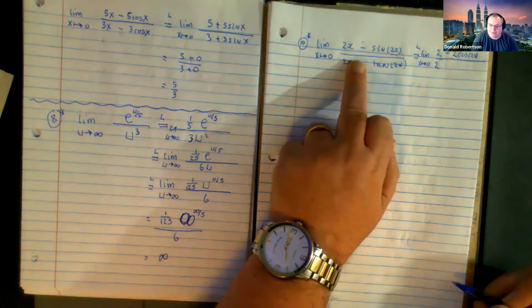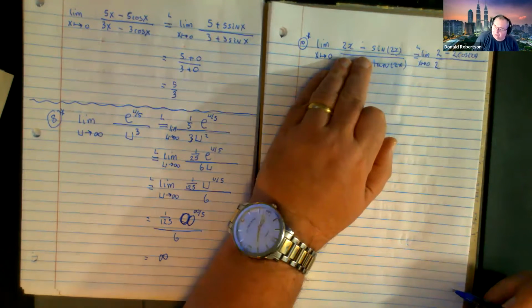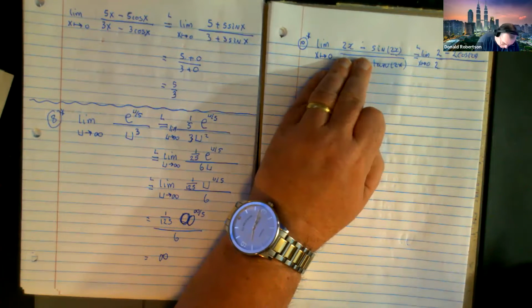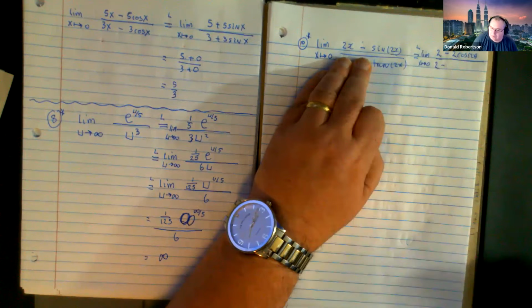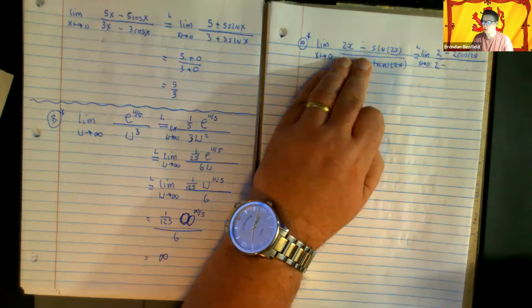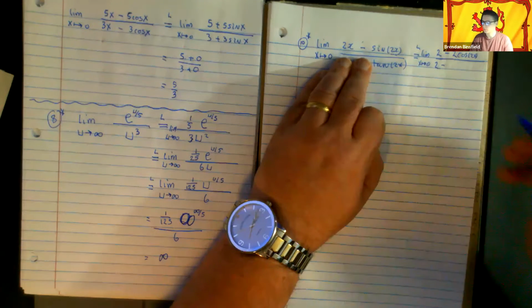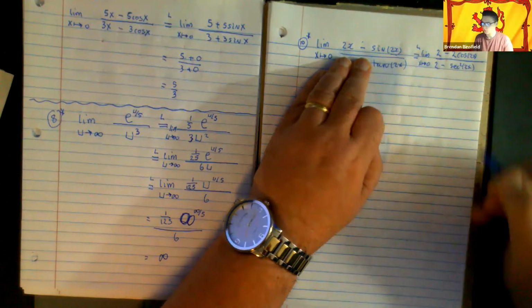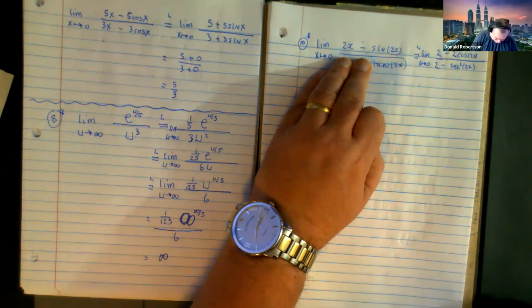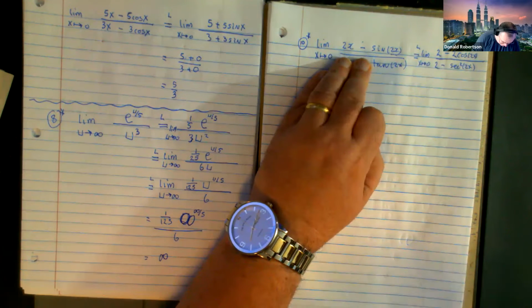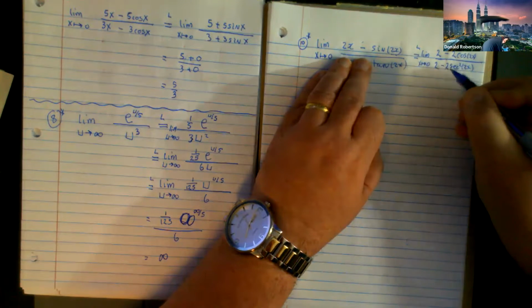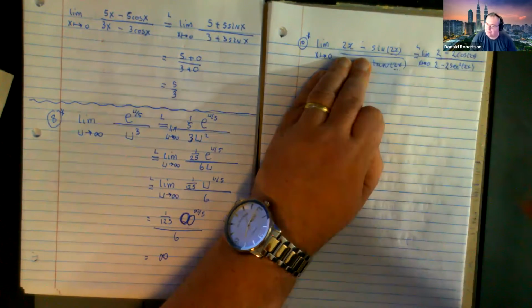What's the derivative of a tangent? Secant squared. And so the derivative of the tangent of 2x is the secant squared of 2x and a times 2, right? Because of the inside function. Are you comfortable where these extra 2's are coming from?